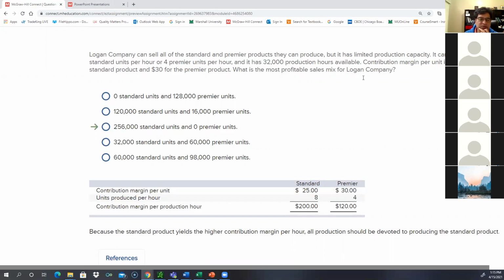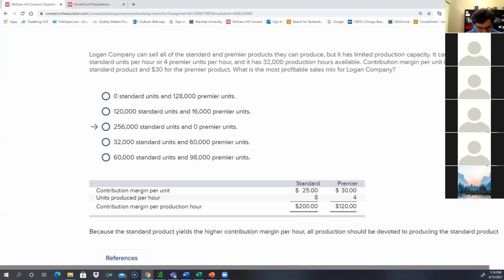Here's regarding the sales mix. So for these kinds of questions, is it always going to be all goes to one and zero goes to the other?